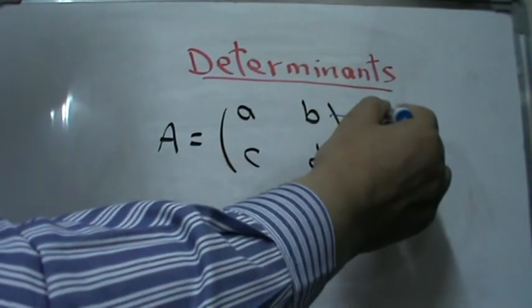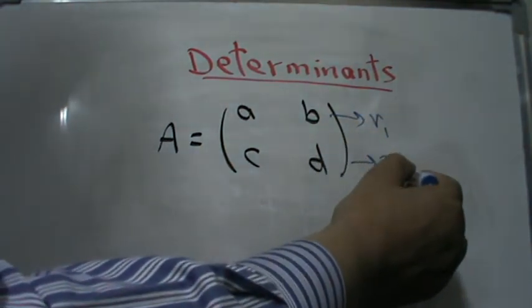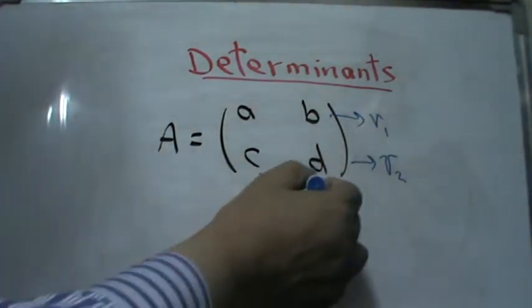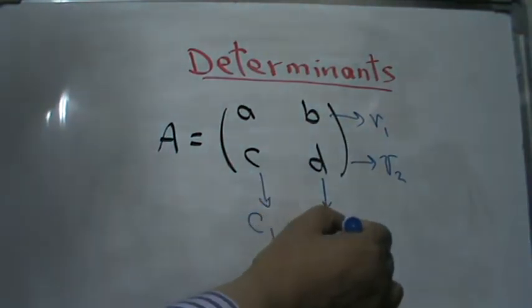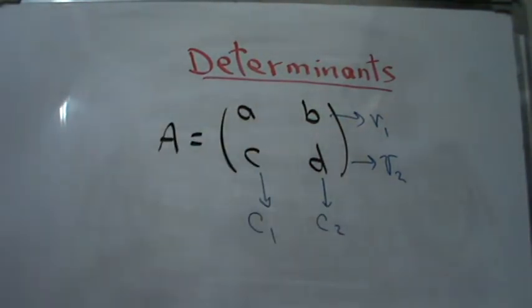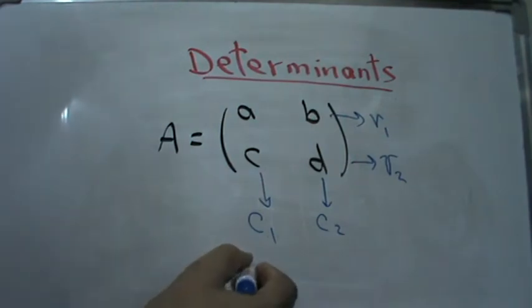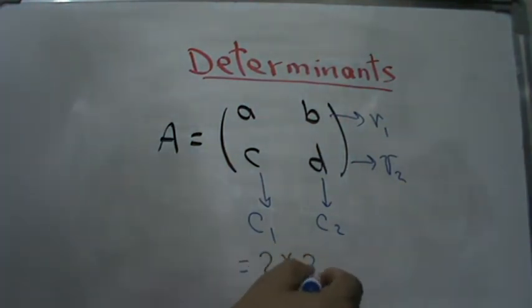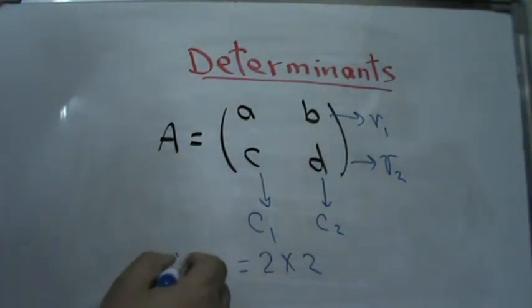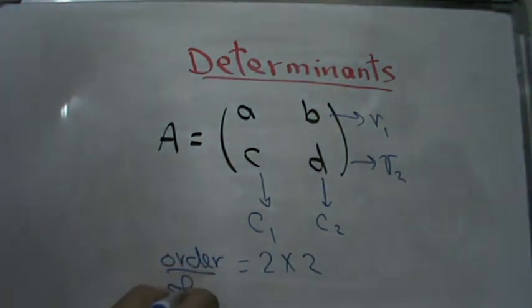This is the first row and this is the second row, and it has two columns, C1 and C2. Then the order of this matrix, the order of matrix A, will be 2 by 2.